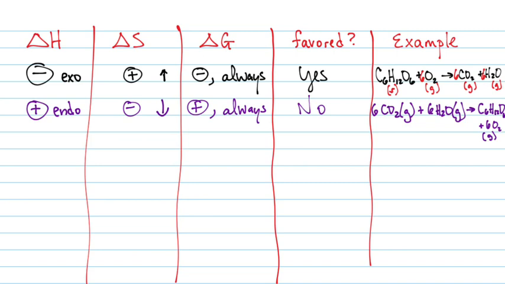All right, now back to the signs being the same. If they're both positive, if it's endothermic but it does lead to an increase in the entropy, at least of the system itself, those are going to be negative at higher temperatures and positive at lower temperatures.